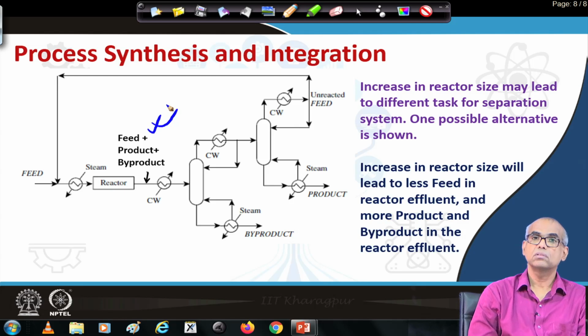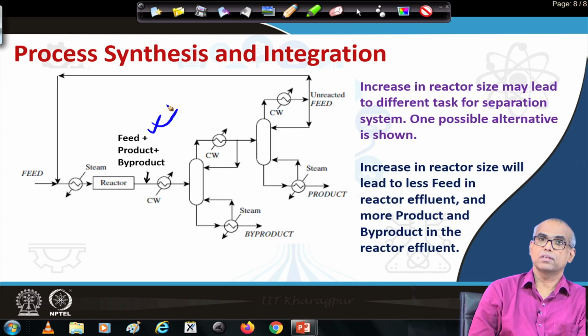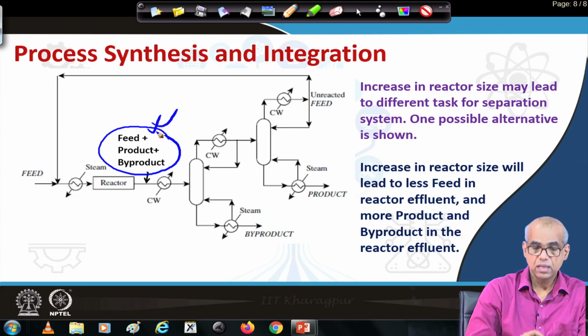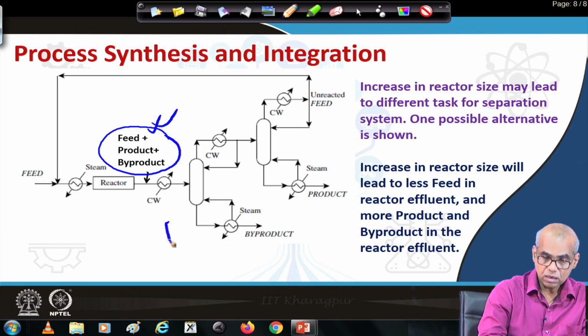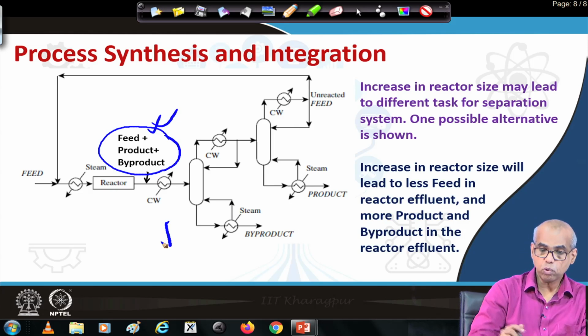Under this scenario, we may be interested to separate product and byproduct first. So, how do you do that? Your effluent stream from the reactor is a mixture of a smaller amount of feed and larger amounts of product and byproduct. So, this goes to distillation column 1 and I separate it into a mixture of unreacted feed and product, which comes from the top of the column, and a byproduct stream which comes at the bottom.